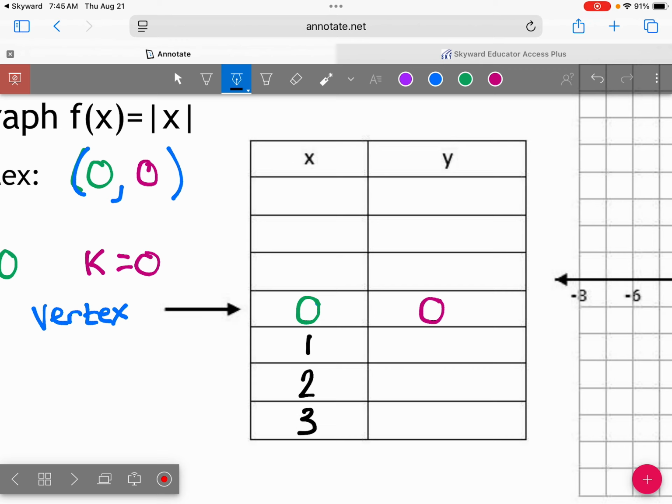We can get some x's that are smaller than 0. -1, -2, -3. You don't have to use those options. You don't have to go that far. A couple of points is usually enough to see it. Then we need to figure out our y values.